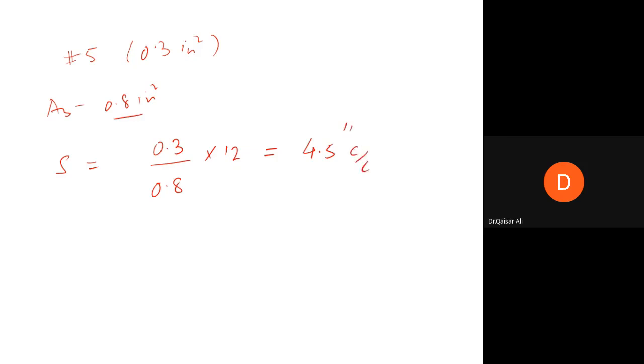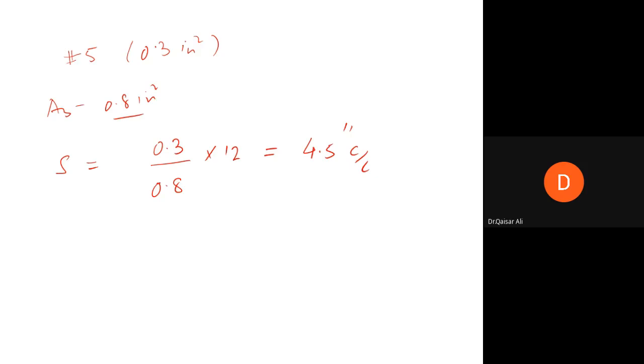Similarly, we can calculate spacing for all other area of steel in the required locations. But finally, for every bending moment there will be different spacing, and there will be too many different spacings required inside the slab. Practically, it will be almost impossible to keep so many different spacings inside one slab.